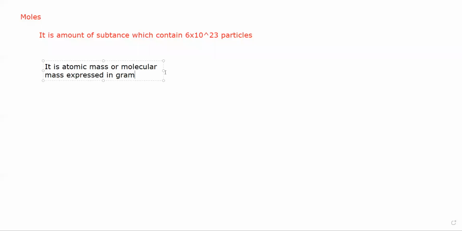So when atomic mass or molecular mass is expressed in gram, we call that a mole of a substance. But in exam, if they ask define mole, don't write this second definition. Always write the first definition, which is the standard one. It is amount of substance which contains 6 exponent 23 particles.